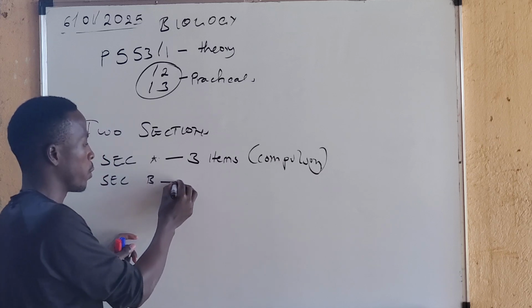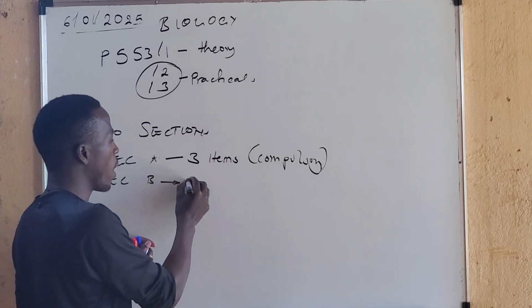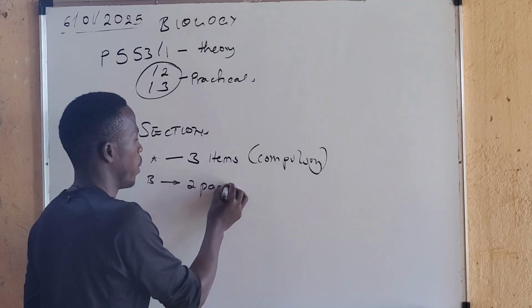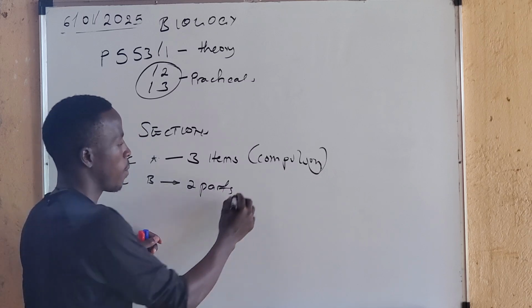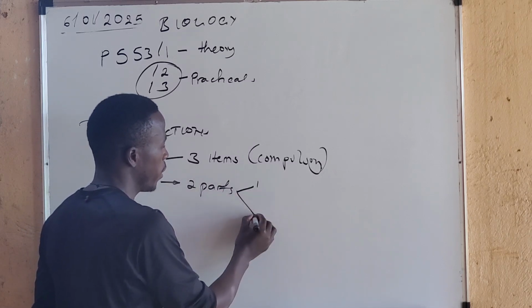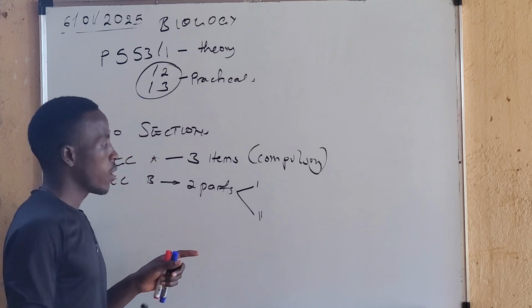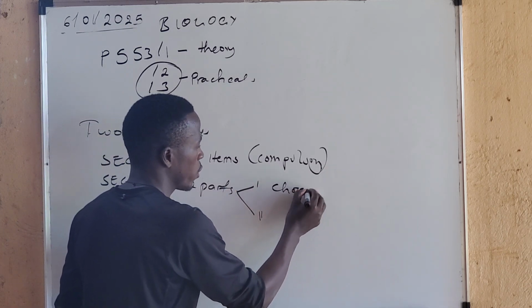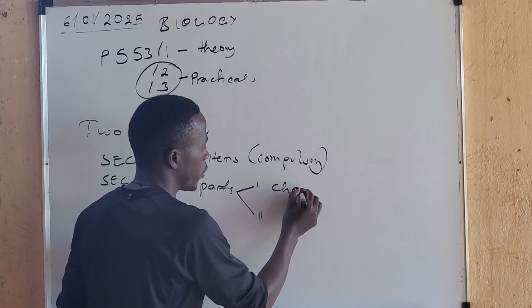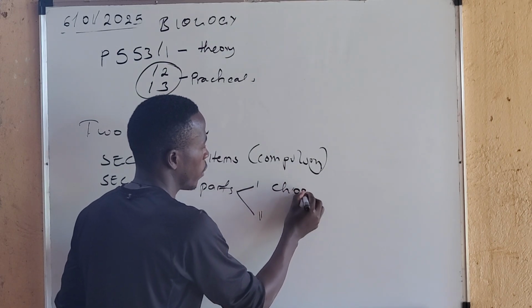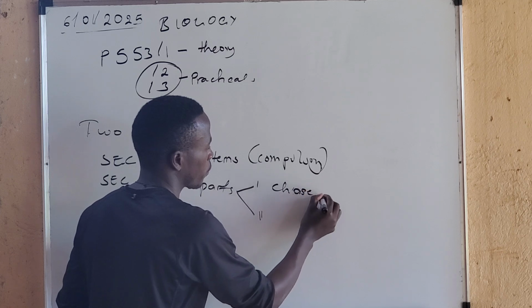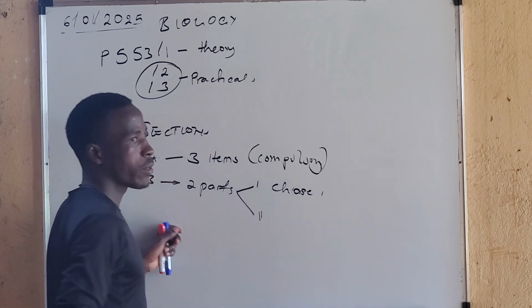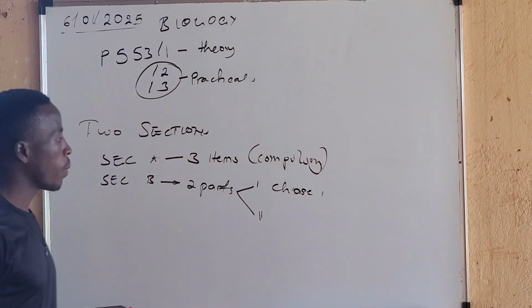Section B has got 2 parts, part 1 and part 2. From each part, we choose one item.